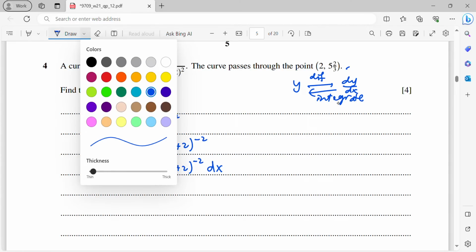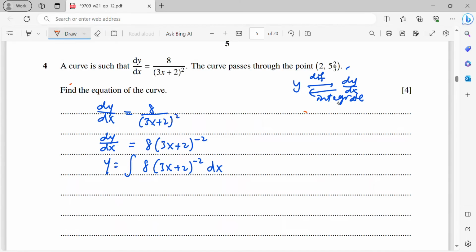So, for your information, to integrate k of (ax plus b) to the power of n dx, since k is a constant and it is multiplied to the function of x, we can factorize the k first before we integrate. Because it is multiplication, or even division, you can also factorize, but not for plus and minus.